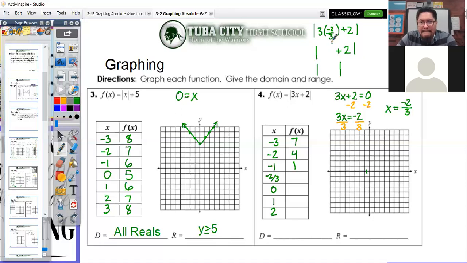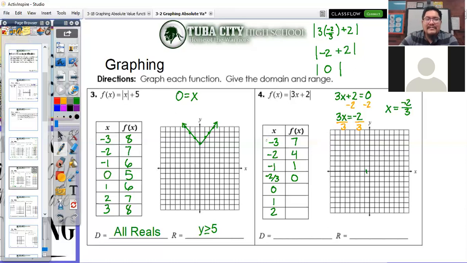So in this case, it's going to be 3 times -2, which is -6. -6 over 3. So that's -6 divided by 3, which would be -2. -2 plus 2 would be 0. And like I said, I could kind of see where this was going, but sometimes we just got to make sure.